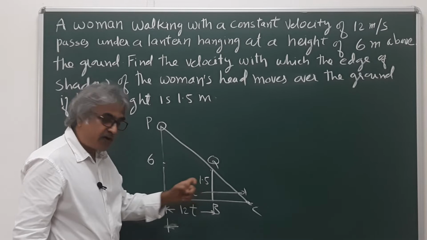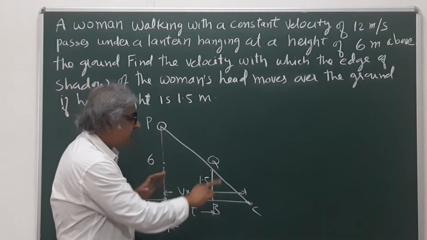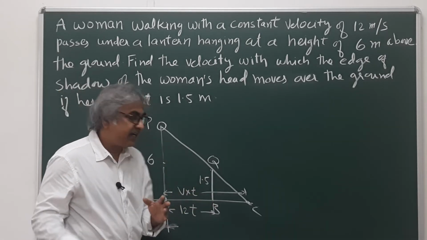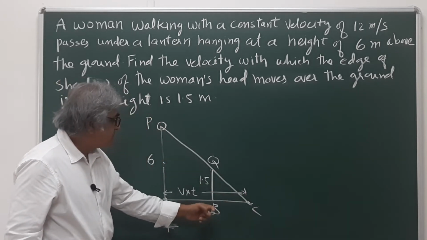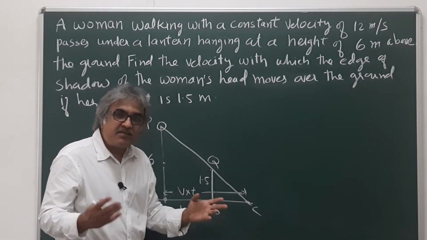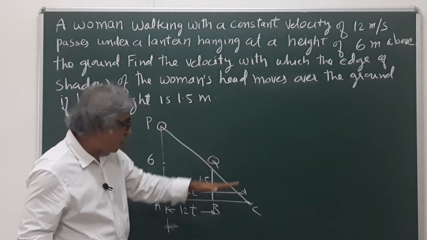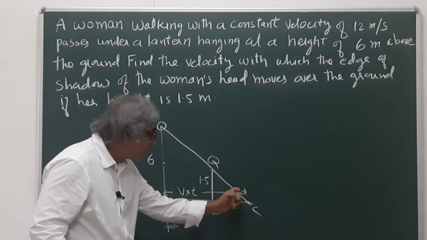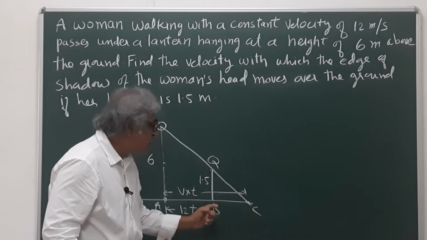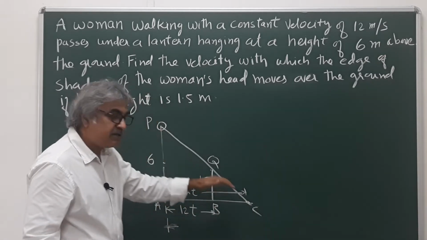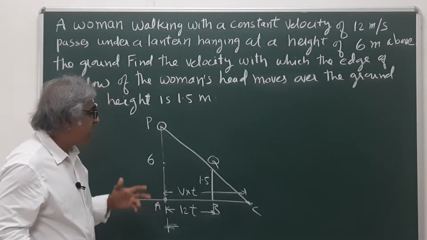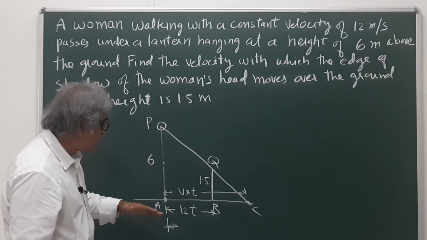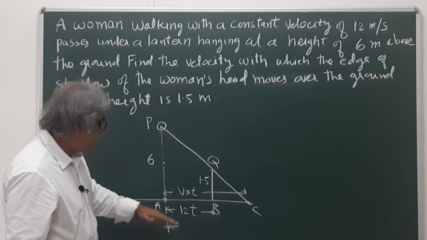So what you see here are two similar triangles: one is APC, another is BQC. They are similar because this side is common and angle QCB is common. So you can use the properties of similar triangles and write the ratios.